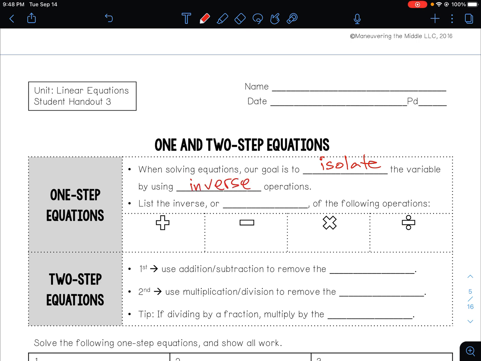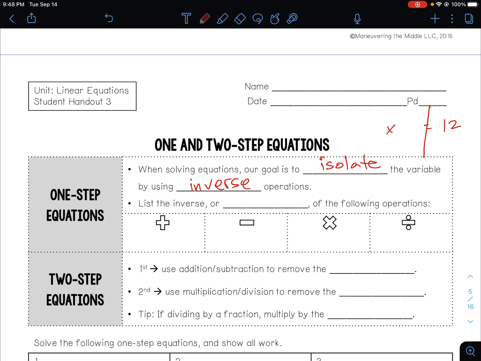So remember, isolating a variable, it's like if we have x plus 4 equals 12, you want to get each thing on its side. You want the x to be by itself on the left side. Or, if the x is on the right side, you want to get it by itself. But either way, you want to get rid of this plus 4 or whatever happens to be happening to x.